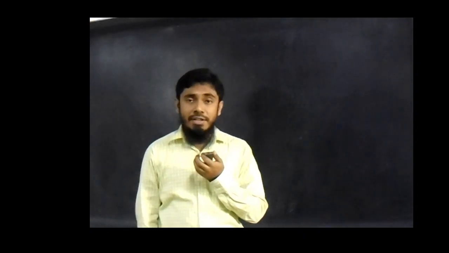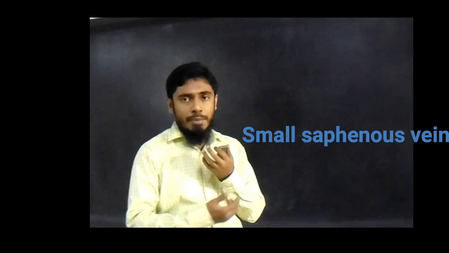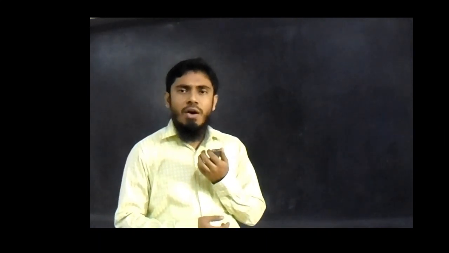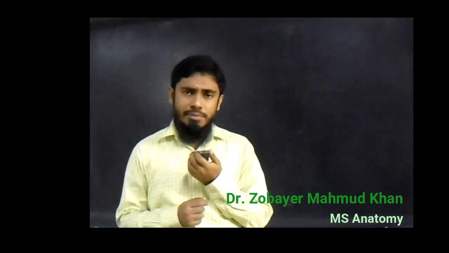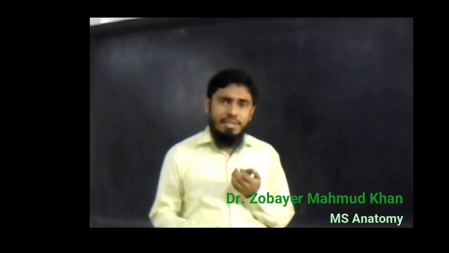So it is termed the saphenous. Another vein, named the small saphenous vein, is also present, and we will also learn about the small saphenous vein. Another name of the great saphenous vein is the long saphenous vein. It is the longest vein of the body and has numerous valves which allow the blood to flow towards the heart. Okay, let's see the course of the great saphenous vein.